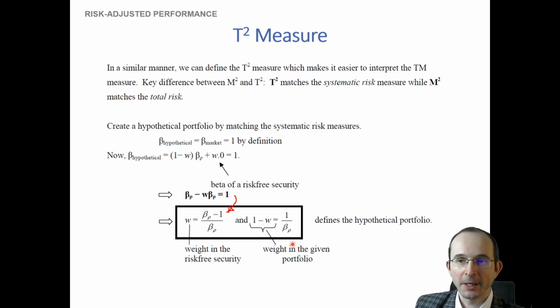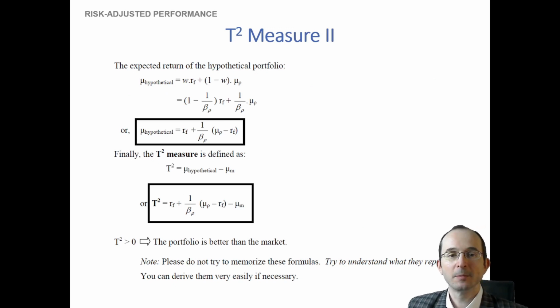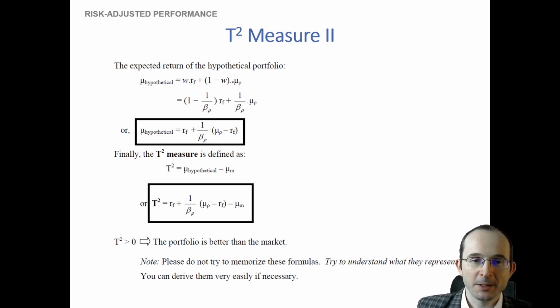And so now we can again go and calculate expected returns. Remember, the formula for expected returns is always going to look like this: the weight in the risk-free asset times the expected return on the risk-free asset, plus the weight on the candidate portfolio times the expected return on the candidate portfolio.